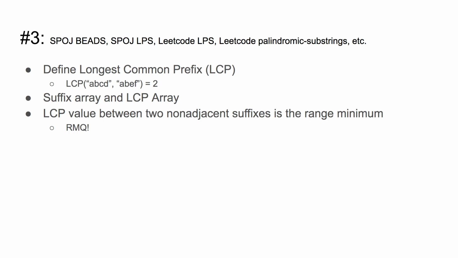If you want details, you can read the lectures, but the LCP value between two non-adjacent suffixes is going to be the range minimum of the LCP array, which again we define as the LCP value between adjacent suffixes. So that's very useful for certain string algorithms.